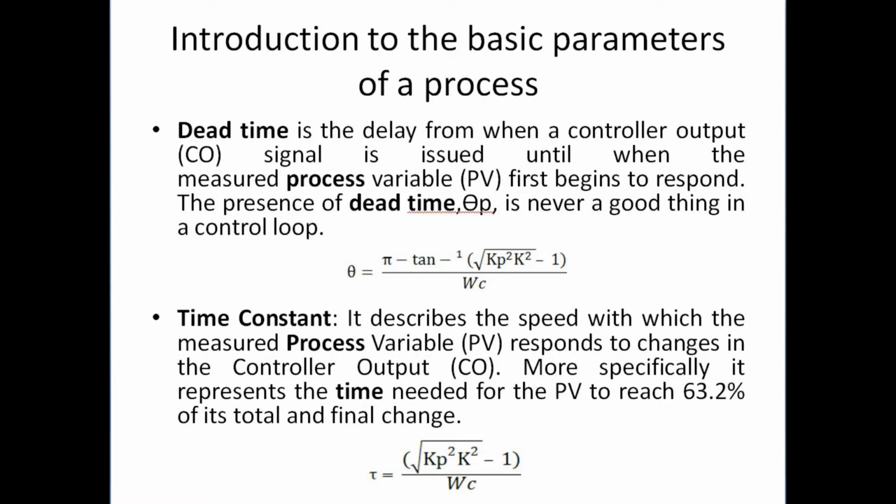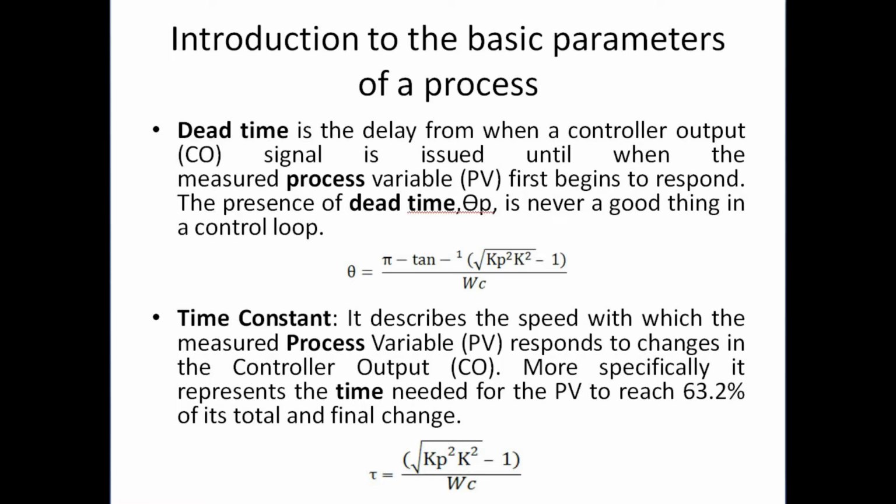So the formula of tau, everyone can note down from here. It will be easier for the further calculations while determining these values. Tau is equal to root over Kp square K square minus 1, divided by omega c.